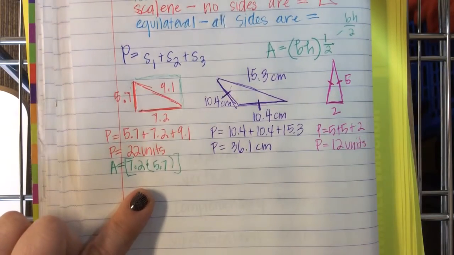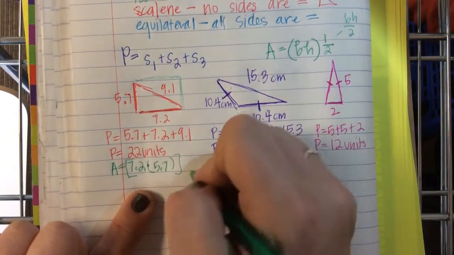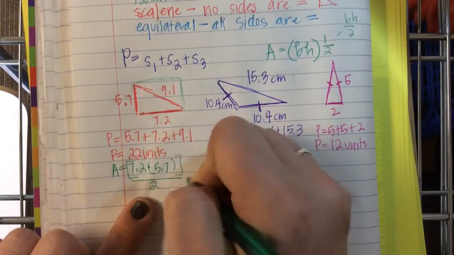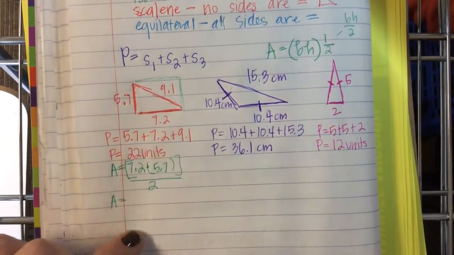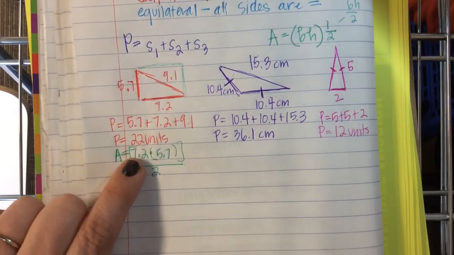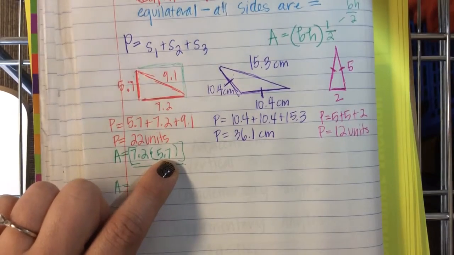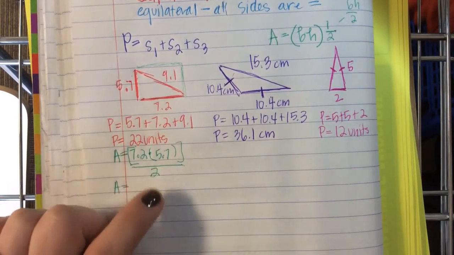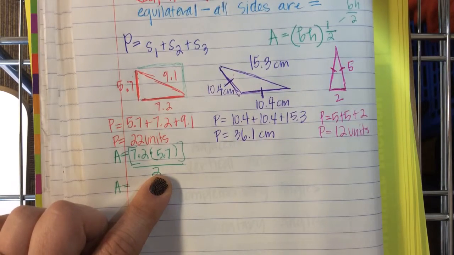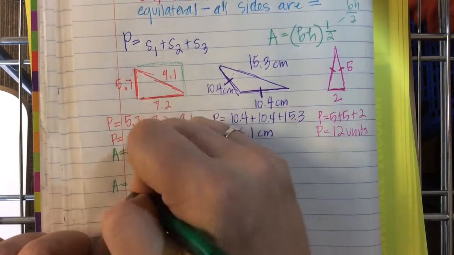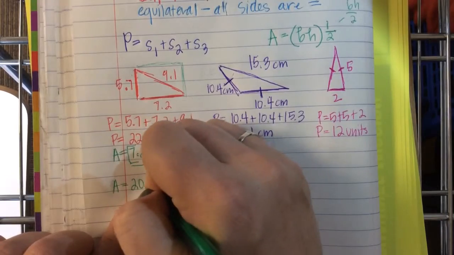And is that my answer? Then I'm going to divide it by 2. 7.2 times 5.7, get an answer. Then divide by 2. You said 20.52.